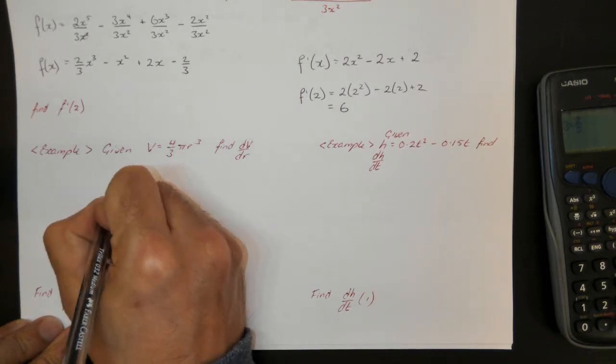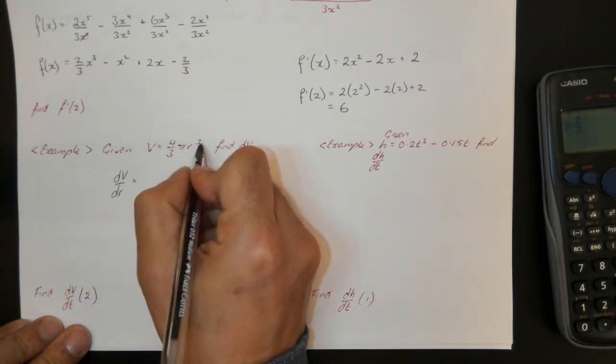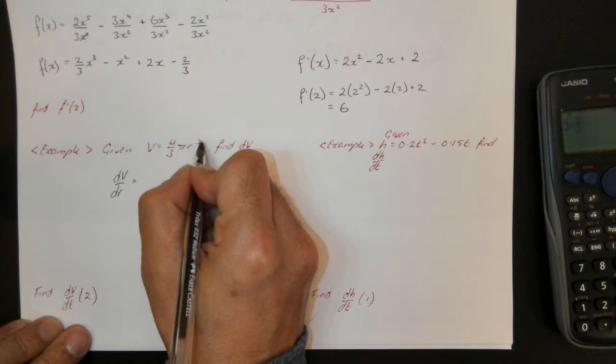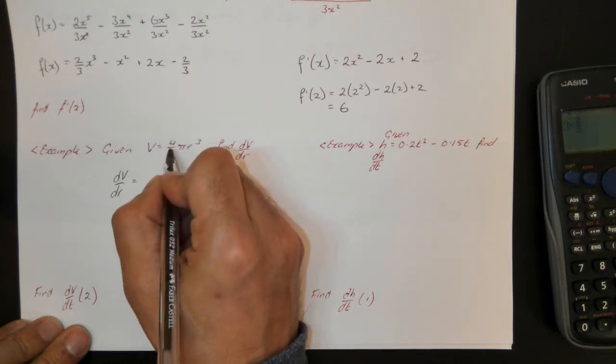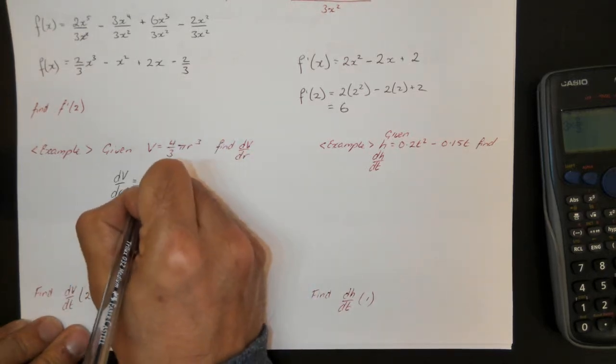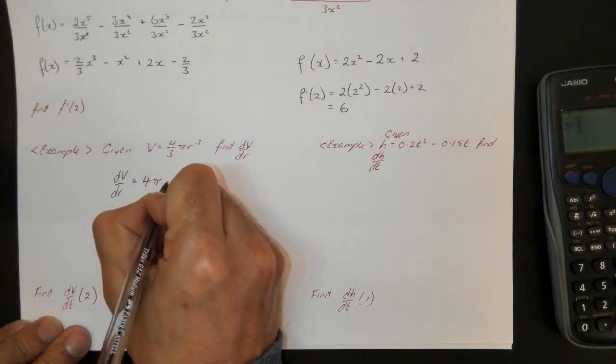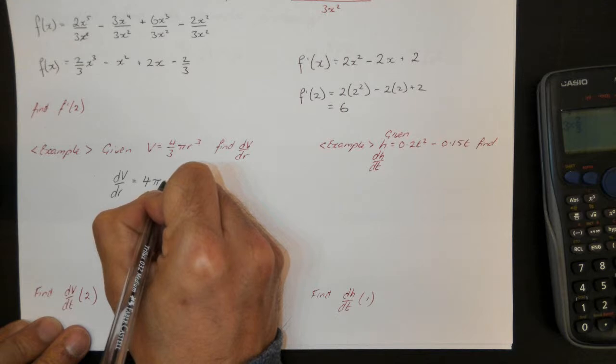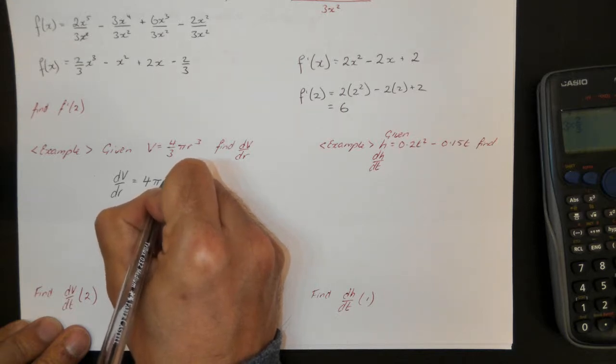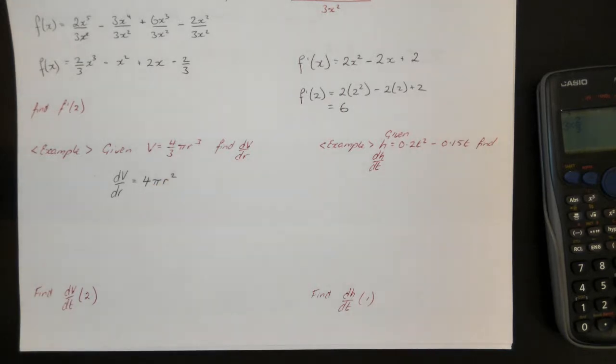So dv dr, we're going to bring this 3 down. So 3 lots of 4 over 3 is 4. Pi just stays there, that's just a constant. And we're going to go r squared. We're going to bring that power down.